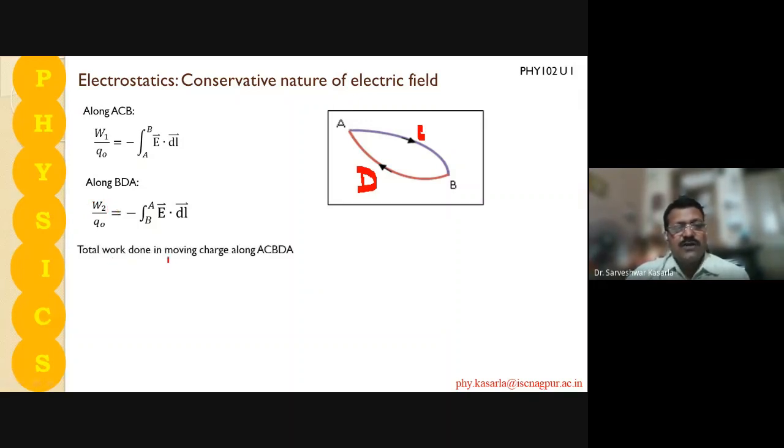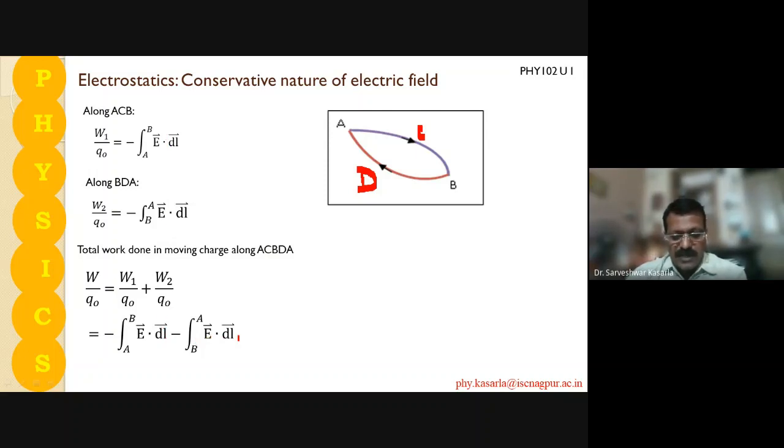The total work done in moving charge along ACBDA. It is going like this and again coming back. So the total work done will be the addition of these two terms. So W upon Q0 is equal to W1 upon Q0 plus W2 upon Q0. If you put these values here, then the expression becomes like this.